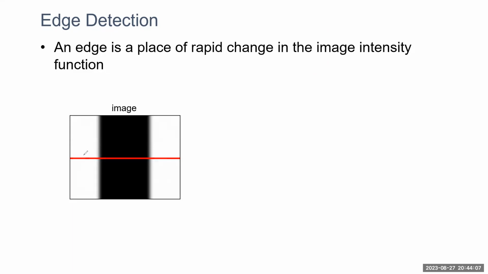Imagine this is a single layer of pixels, a certain number of pixels drawn in a horizontal way. Along these pixels, this scan line can look at the intensity variation of this image.